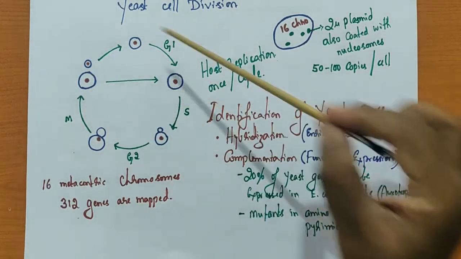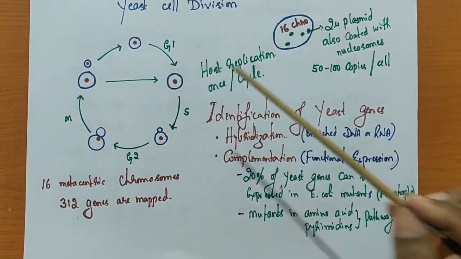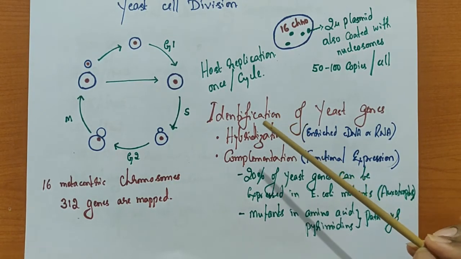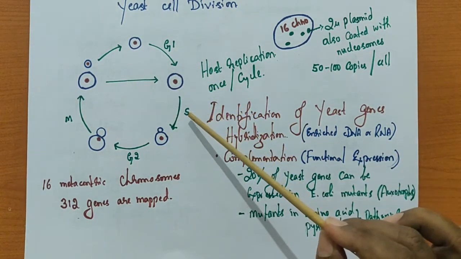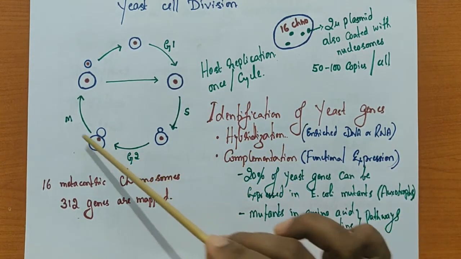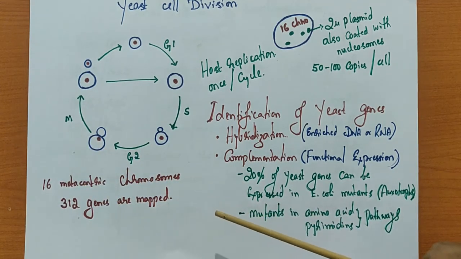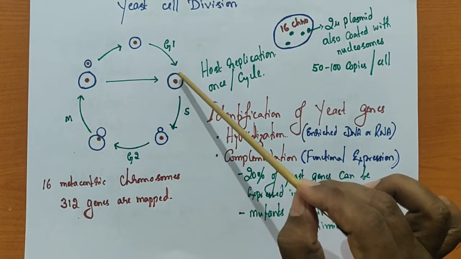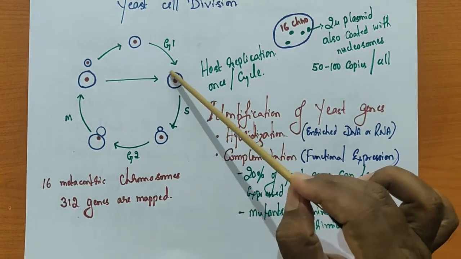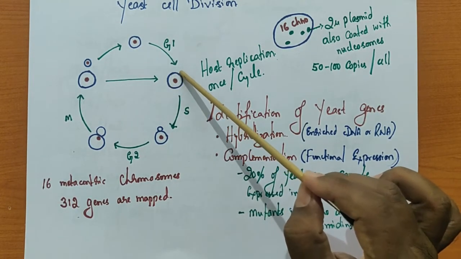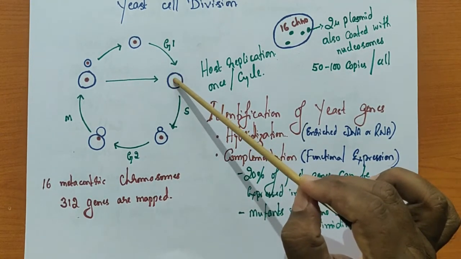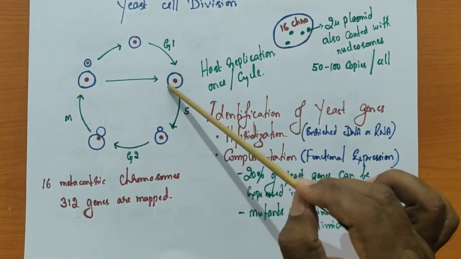Here also we have the cell cycle divided into G1 phase, synthetic phase, G2 phase, then the mitosis phase. Assuming this is the origin of the cell cycle, it is a well-defined cell with a nucleus and a cell wall.